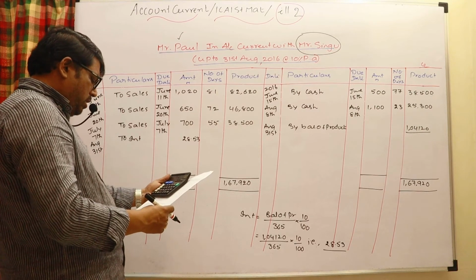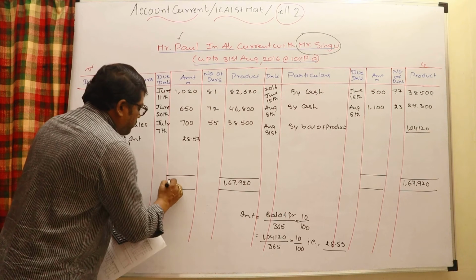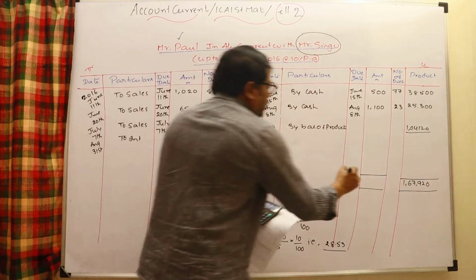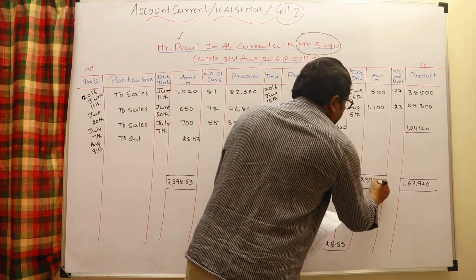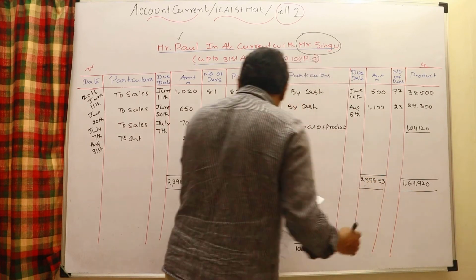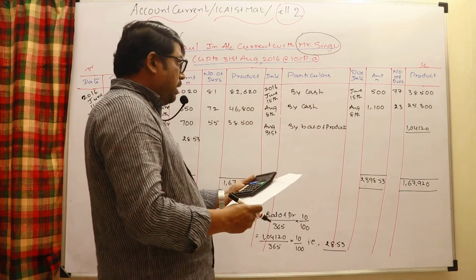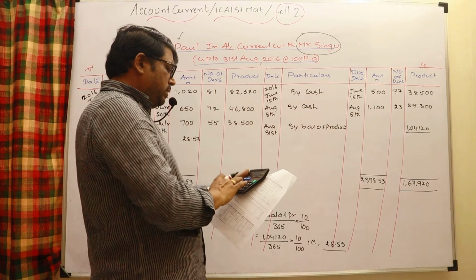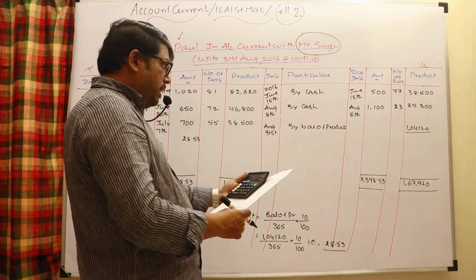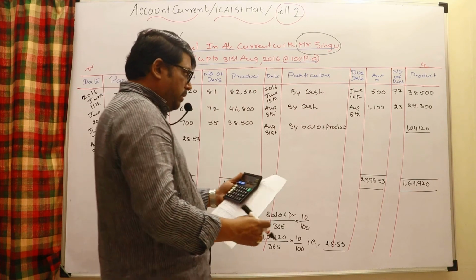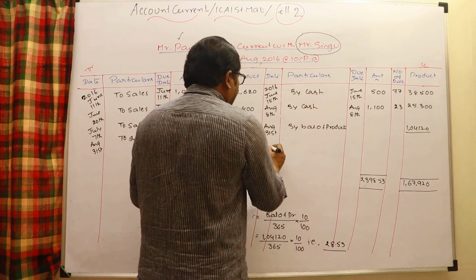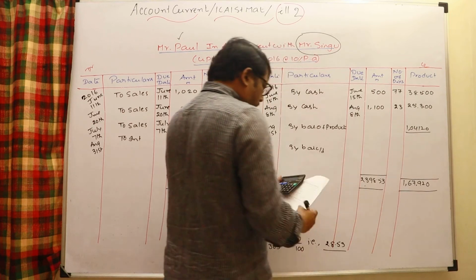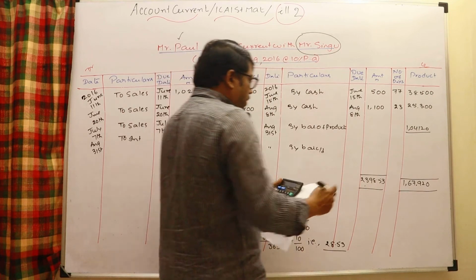The resulting amount is 2398.53. Then you minus 1100 and 500, 1600 you have to minus. The resulting balance is 798.53, which is by balance carried down, August 31st.